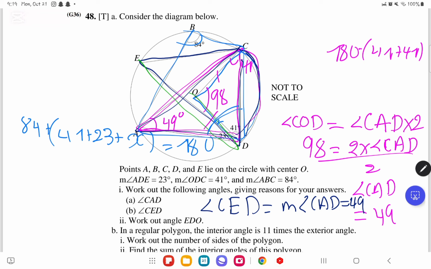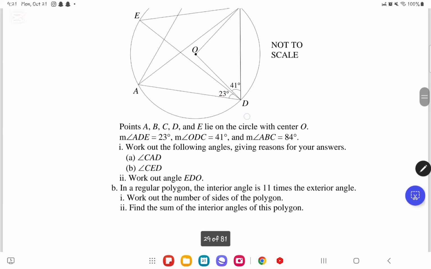I'll use the calculator to be a little faster. Do not use it, guys, please do it on paper. We will get that the angle X, or the angle EDO, is 32 degrees. So that was for question number 48.